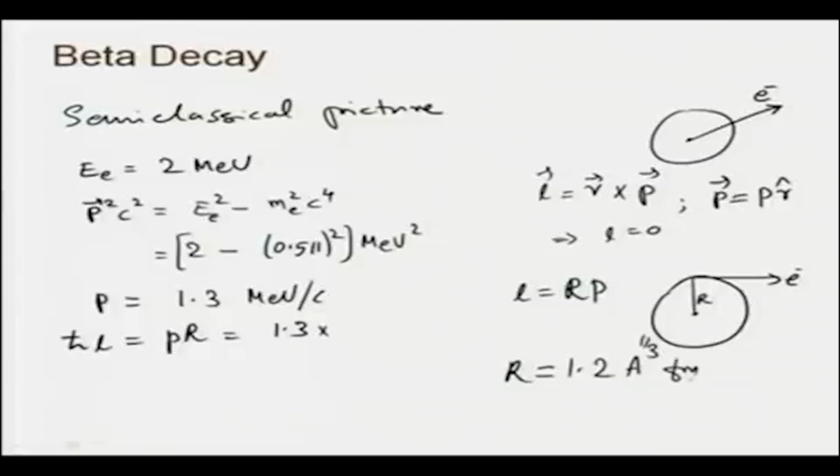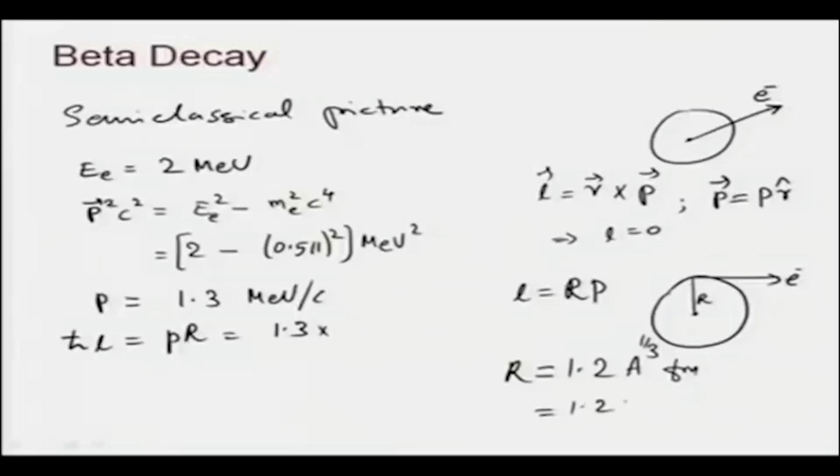So, if you take something like an A value around 100 to 125, then you have A to the power 1 by 3 equal to 5. So, let us say it is something like 5, R is approximately equal to 6 Fermi.